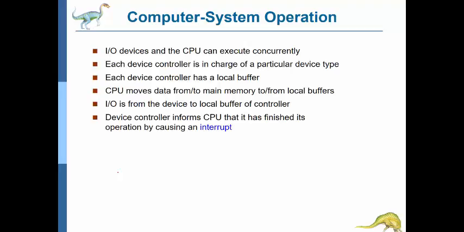Each device controller has a local buffer. Again, take the example of a printer. When you send big data to be printed, the CPU cannot ship out the first half, then hold the second half and wait, asking are you done, are you done, and then send the next.